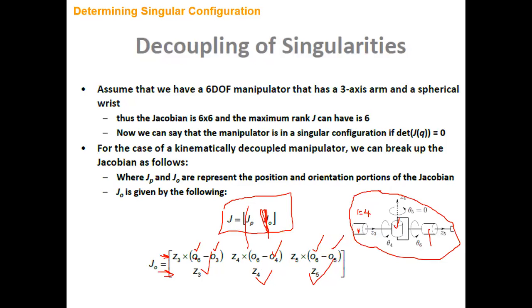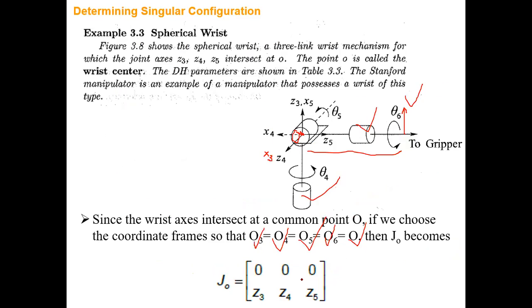O6 minus O3 is 0, O6 minus O4 is 0, O6 minus O5 is 0. Then the top is all 0, and I have Z3, Z4, Z5 at the bottom. That's all because the wrist is all one point.